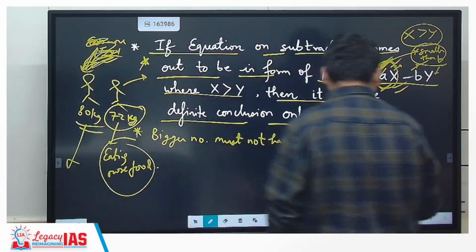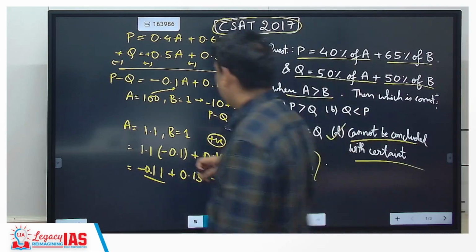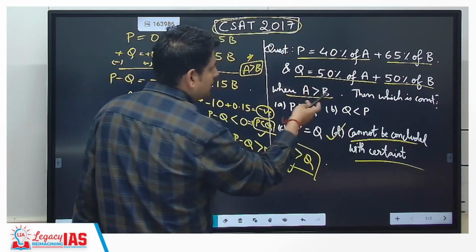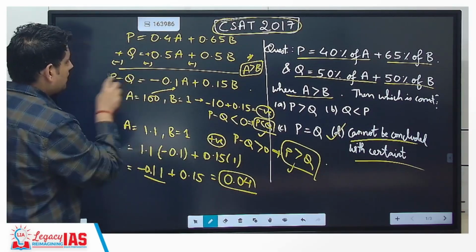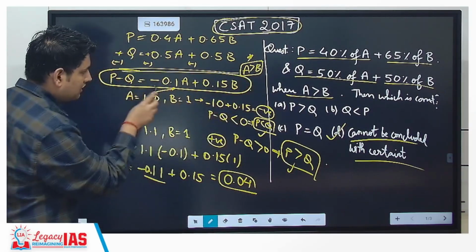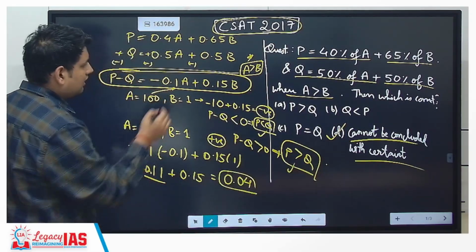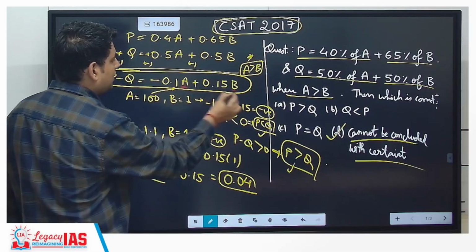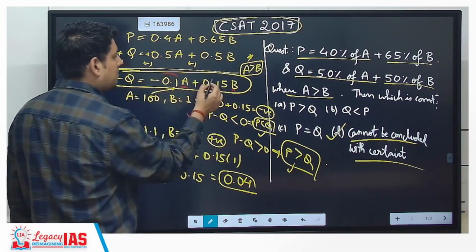That is why if you see this question, just by seeing it, this is 40%, 50%, 65%, 50%, correct? Now you just subtract them once you get to this equation. Now see this equation clearly. See this, which is bigger? The question says A is bigger than B. Which has a bigger coefficient? 0.1 and 0.15.